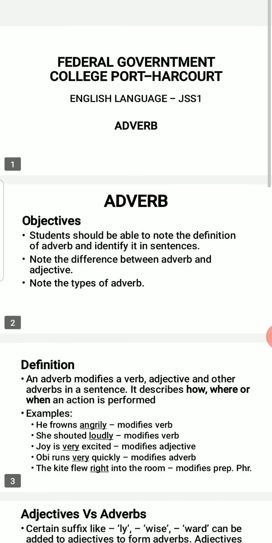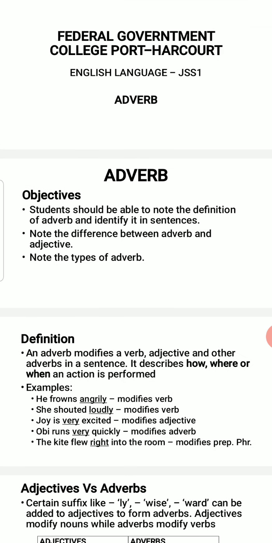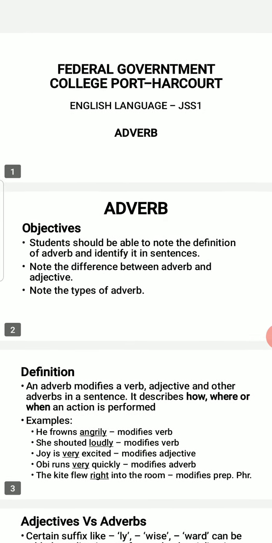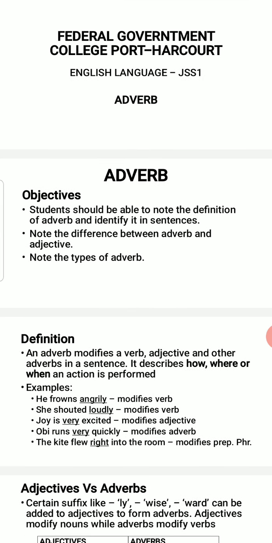In the course of this lesson, we have objectives that we want to achieve. Please pay attention and note the definition of adverbs and try to identify them in sentences, both in the sentences I'm going to provide here on the platform and the ones you will make or the ones you read from other books.